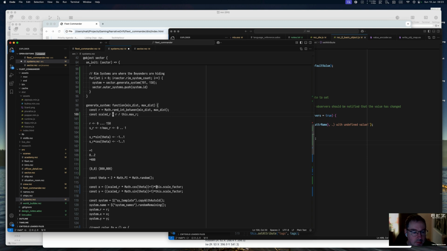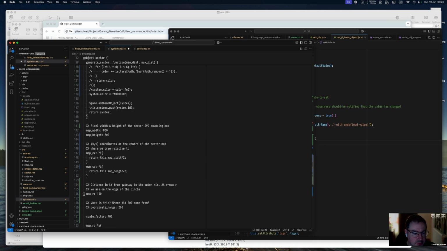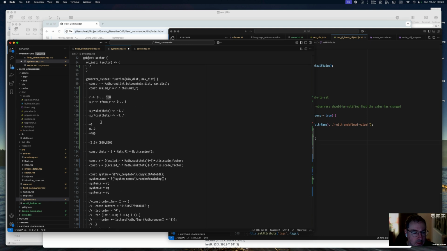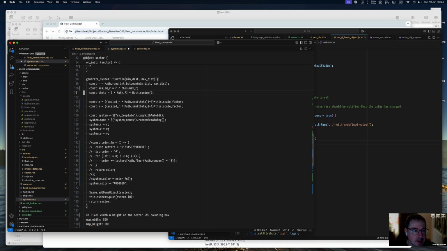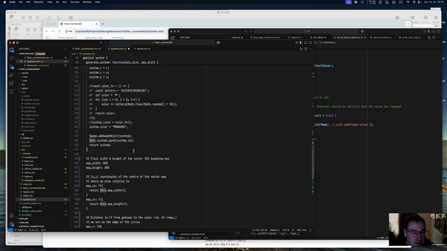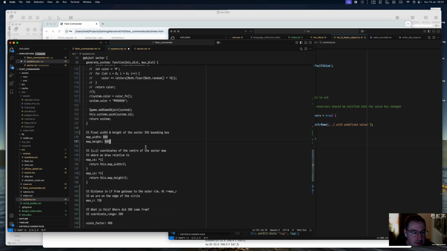So we have our max R, so max range is 150, which we do here. So scaled R is R over this dot max R, so that's going to reduce R to the unit vector. Now we take our random angle, and so we do scaled R math cos theta plus 1, so we're turning the range -1 to 1 into the range 0 to 2, and then we multiply by our scale factor.